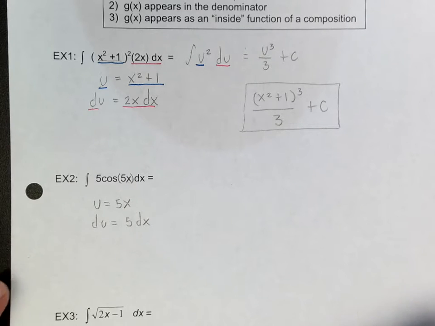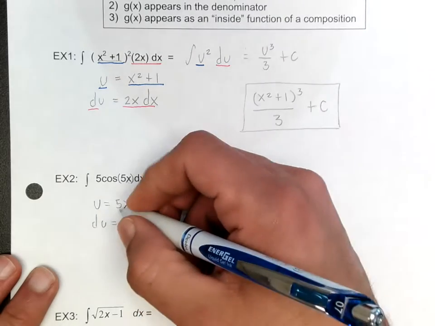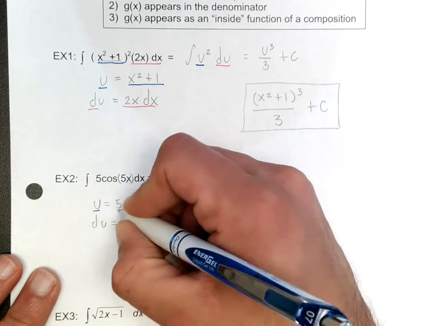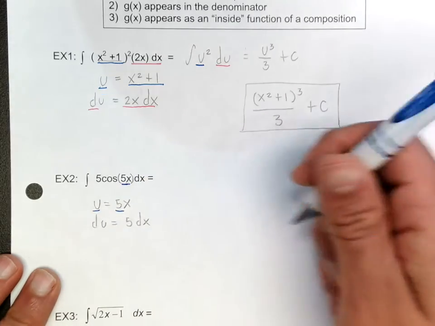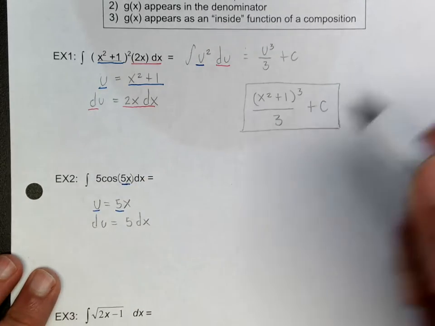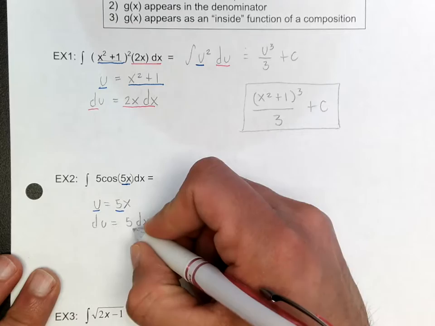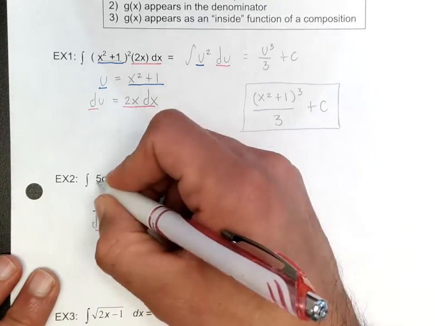Again, if for some reason you do something wrong, it's okay to make a mistake. Just make sure you notice that on this one I have u is 5x and du is 5 dx. So I have 5 dx.